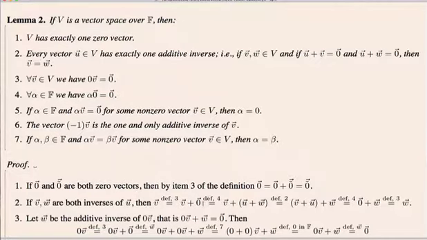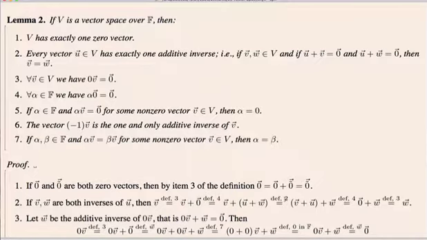Then property 4 says that the zero vector can be obtained from the additive inverses. So if w is an additive inverse of u, then u plus w equals the zero vector according to property 4.